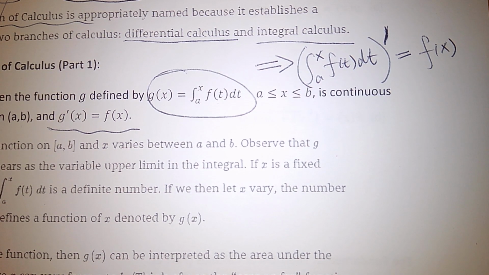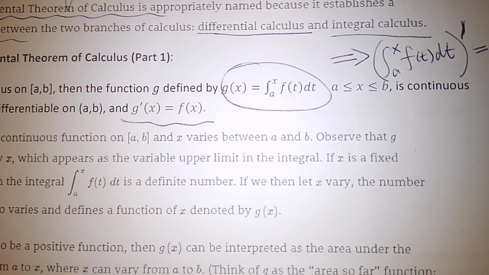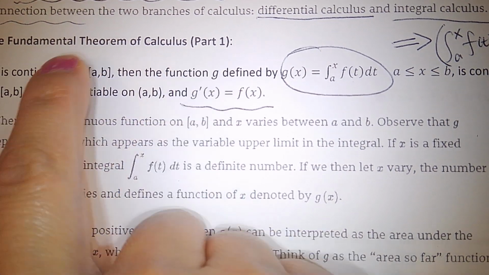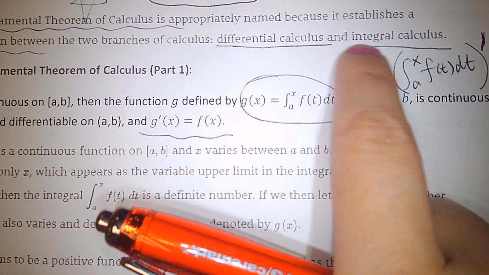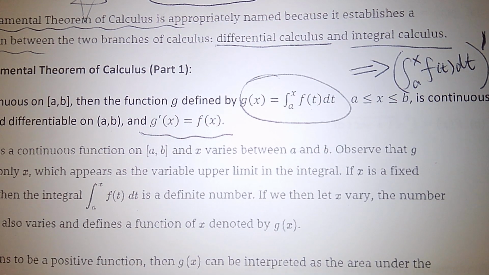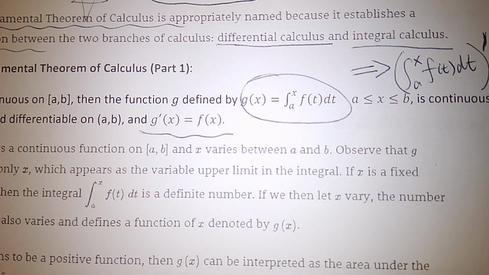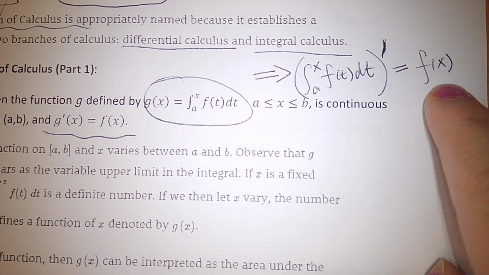Very good. So part 1 of the fundamental theorem tells us the relationship between differentiation and integration. They are a pair of reverse actions, not inverse functions. We integrate first, then differentiate, and we get the function back.